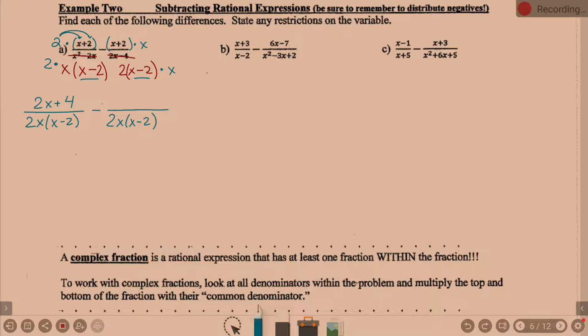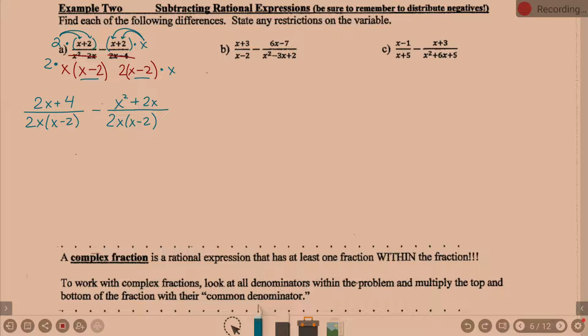How do we multiply x times x plus 2? Just like previously, distribute. What is x times x? x squared, plus 2 times x? 2x. Okay.